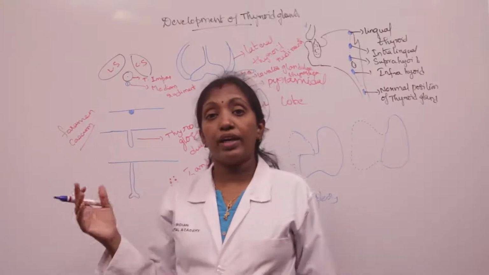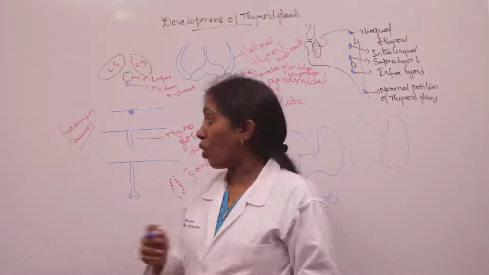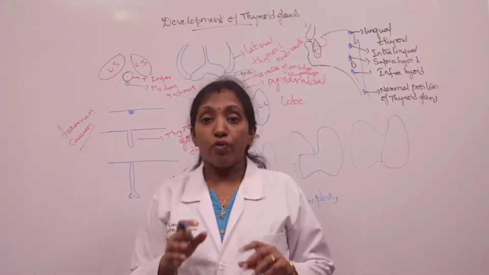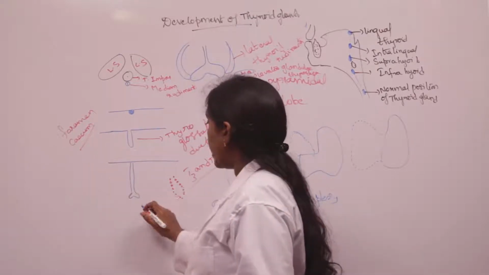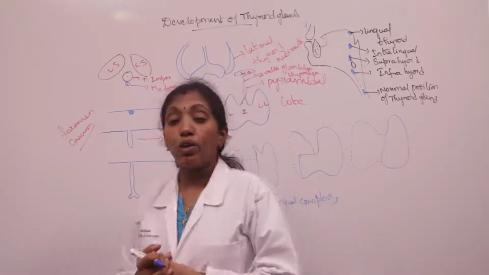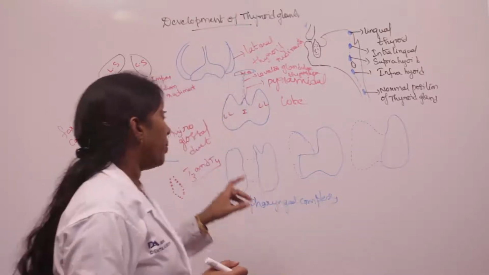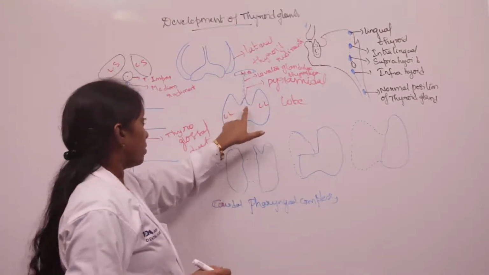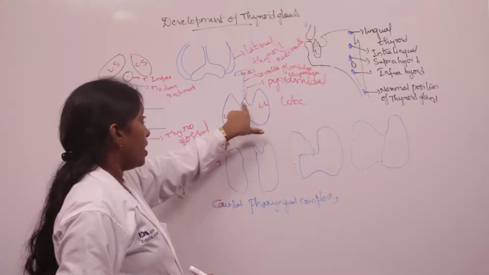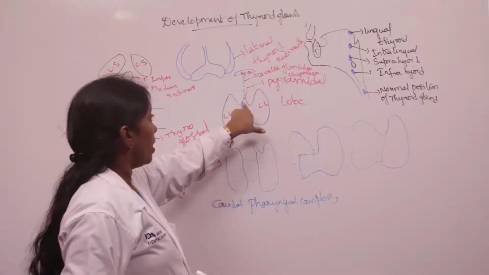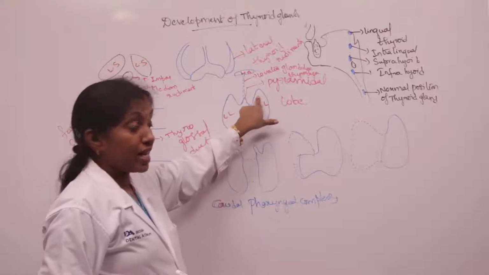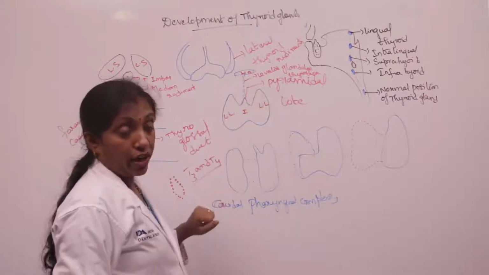The upper part of the duct is seen as a depression, which we call foramen cecum. And one more thing: the lower part of the thyroglossal duct remains as a pyramidal lobe, which may arise from the isthmus, and may arise from the lateral lobe of the thyroid gland also.